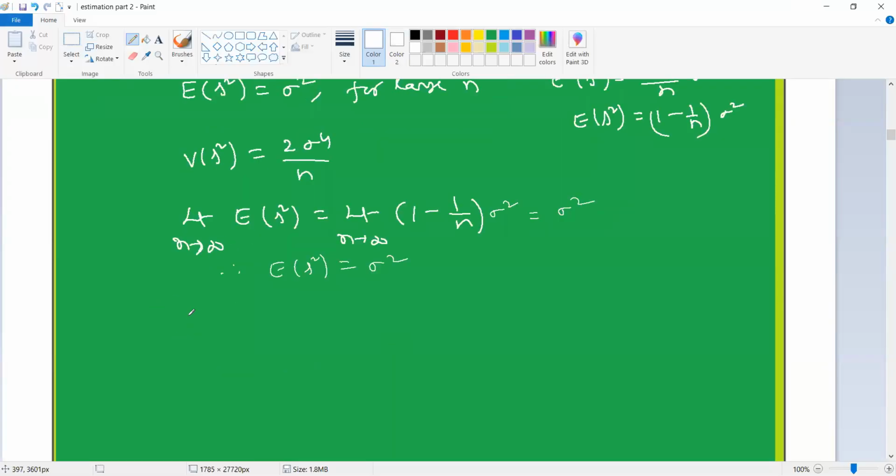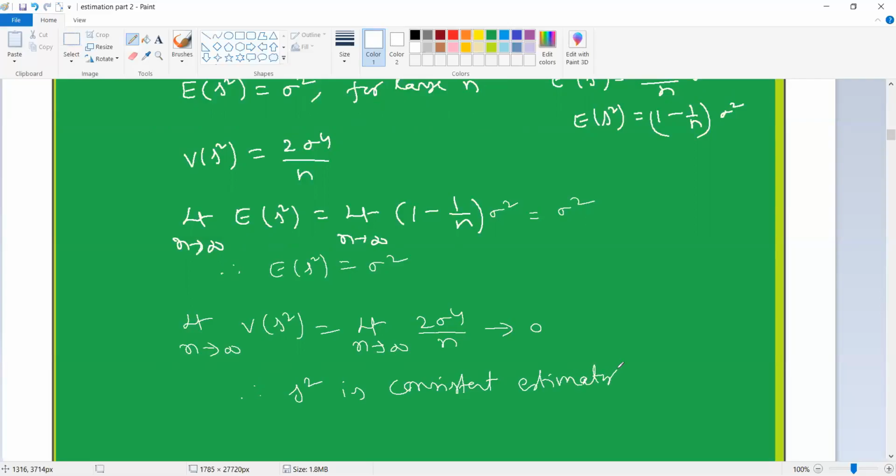Now, the second one, limit as n tends to infinity of variance of s square is equal to limit of 2 sigma power 4 by n, and this value is 0. So the sufficient conditions for consistency are satisfied. Therefore, small s square is a consistent estimator of sigma square.